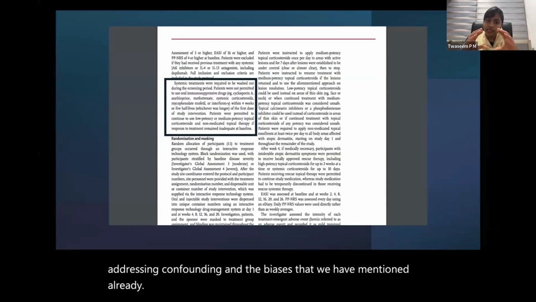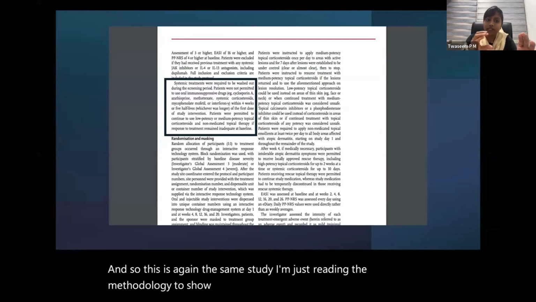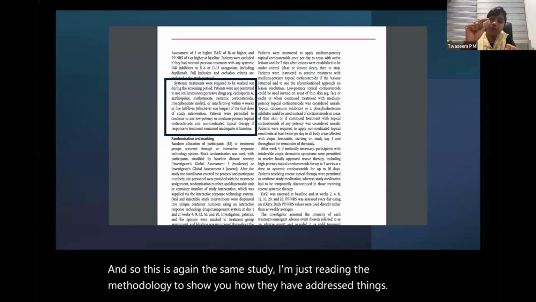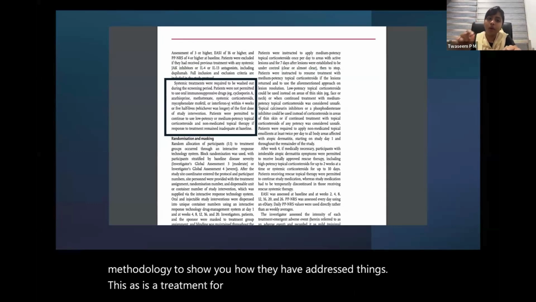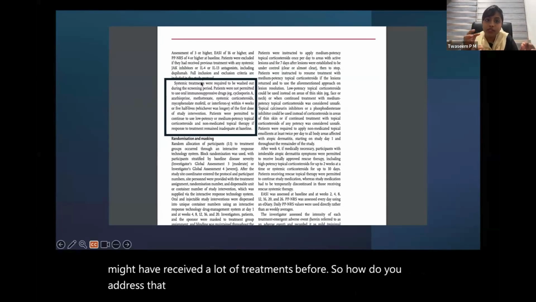And this is again the same study. I'm just reading the methodology to show you how they have addressed things. As you know, this is a treatment for atopic dermatitis, so the patients might have received a lot of treatments before. How do you address that? They've mentioned that systemic treatments were required to be washed out during the screening period.